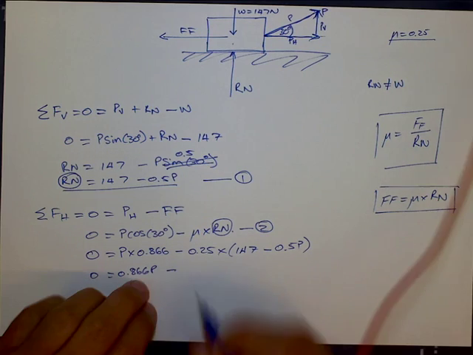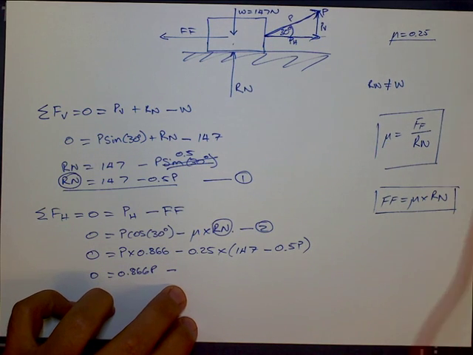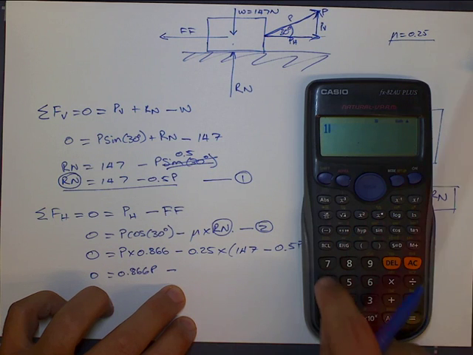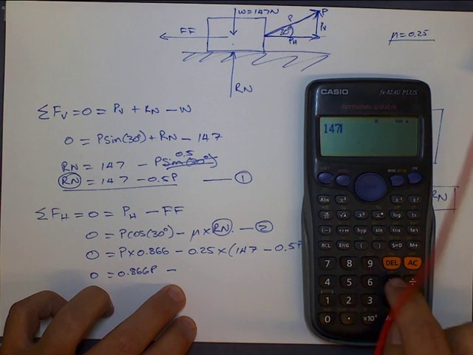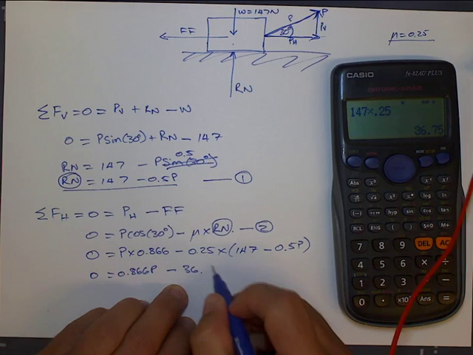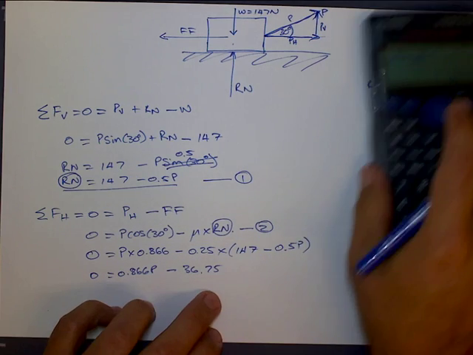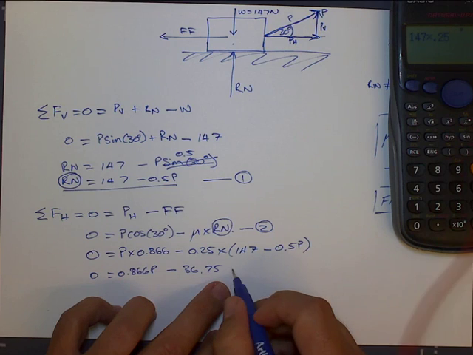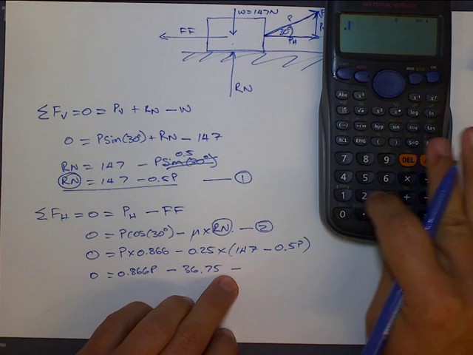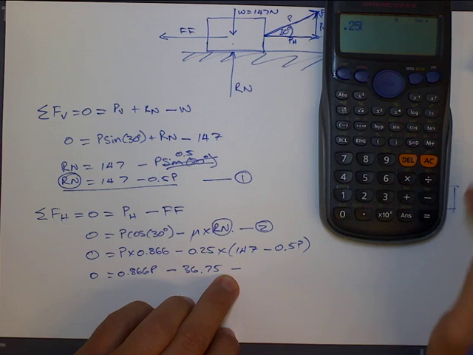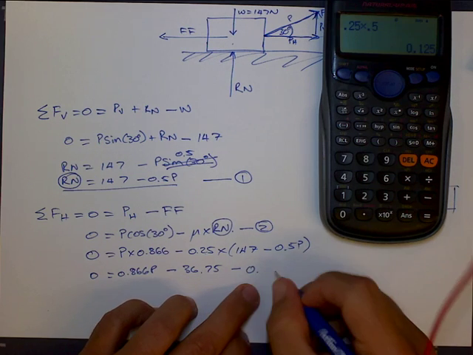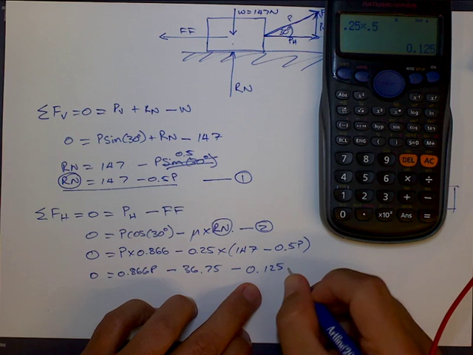I'm just substituting that equation into this equation, and so what I see here is that it's equal to 0.866P minus, and we start doing some of the maths here. Let's get our calculator out: 147 times 0.25 is 36.75, minus 0.25 times 0.5 equals 0.125P.